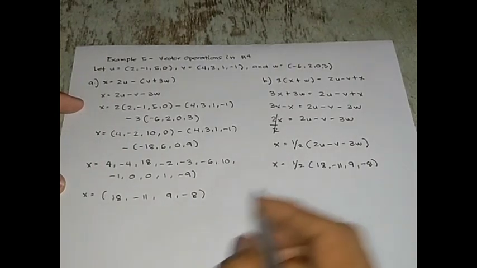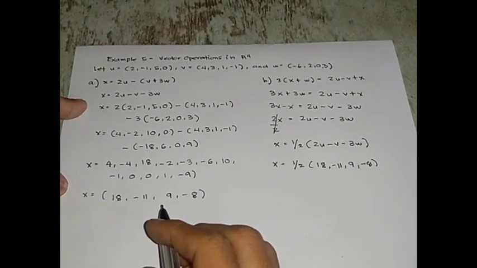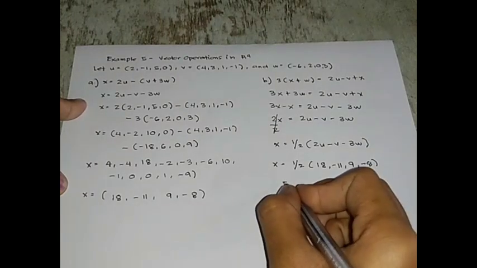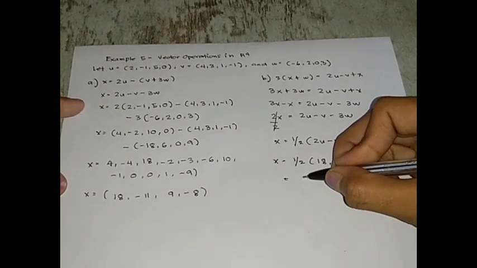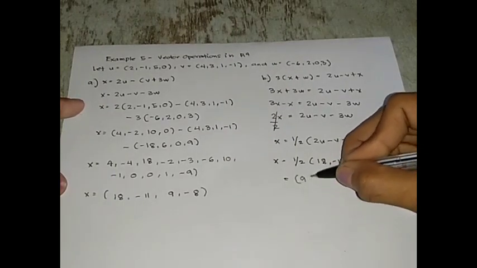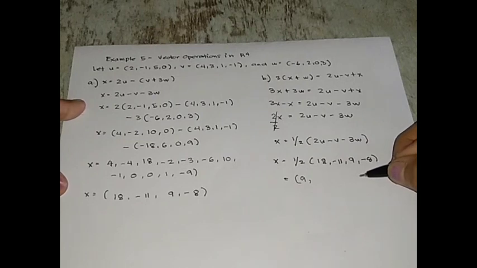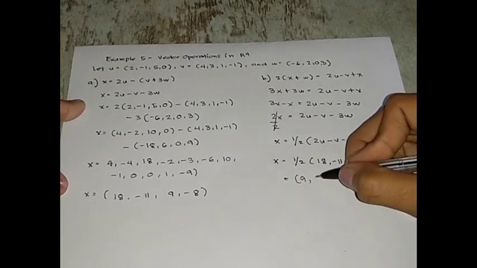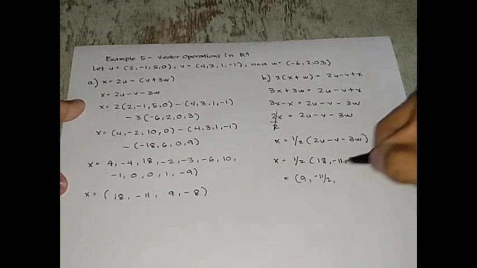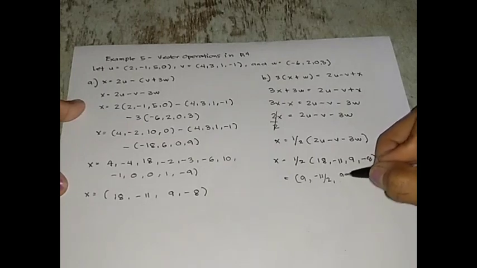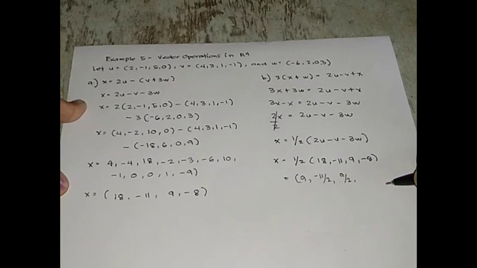So these are the answers that we get in letter A. So 1/2 times 18 is equal to 9. 1/2 times negative 11 is negative 11 over 2. Then 1/2 times 9 is equal to 9 over 2. And 1/2 times negative 8 is equal to negative 4.